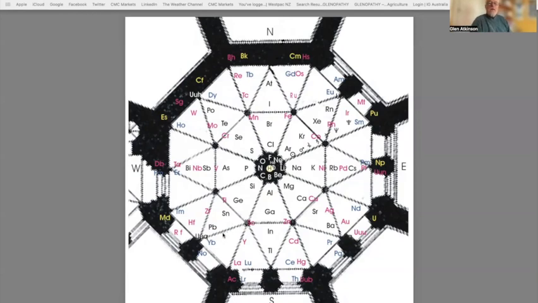So we can have a look at the chapter house and place the elements into the chapter house. And again, on those particular points in the chapter house, you should be able to collect those energies and experience those energies.